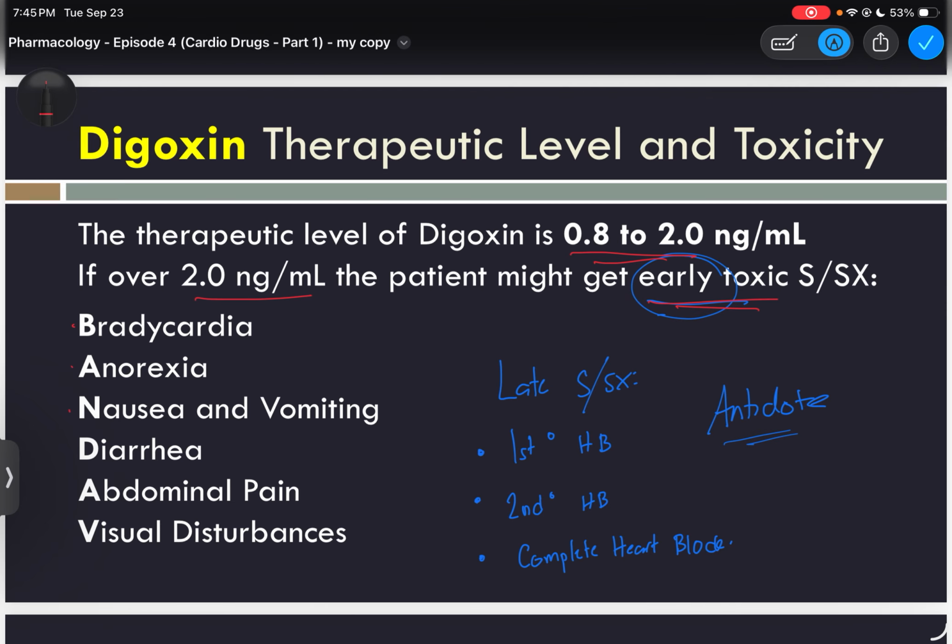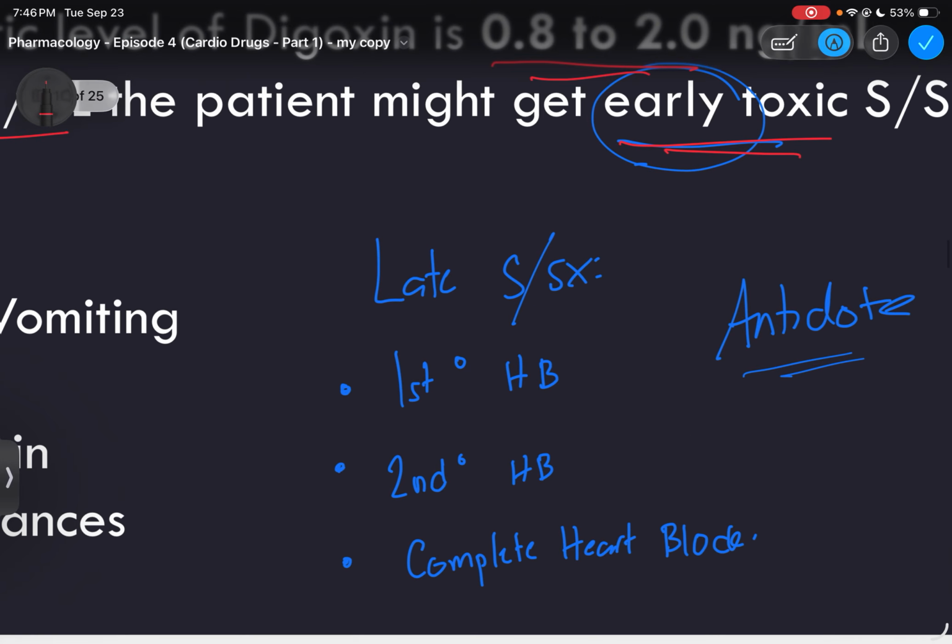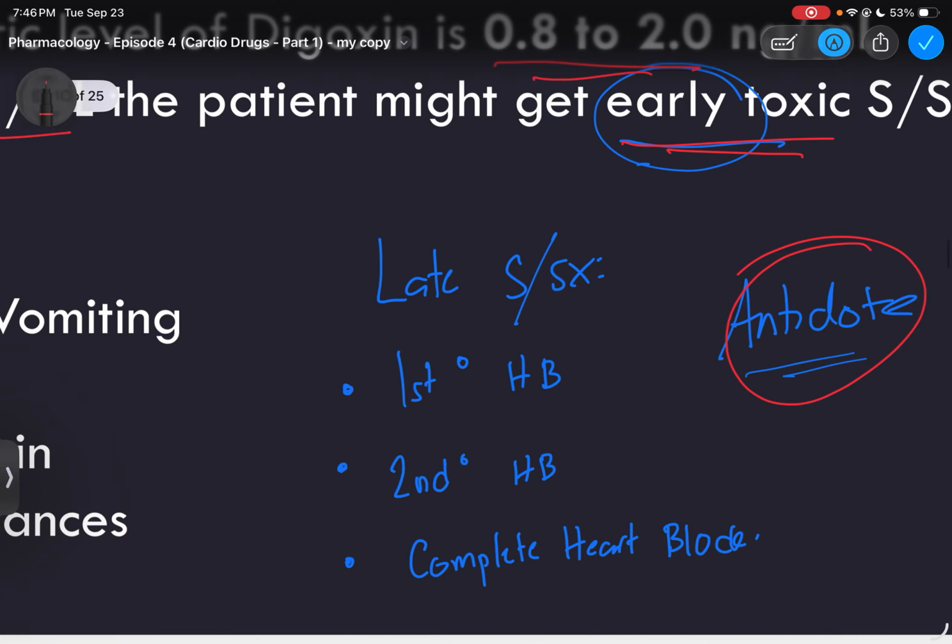Now, since this is toxicity class, no, you have two choices. No, number one, you can tell the doctor, no, and then I'll stop the medication and then tell the doctor. Or, in the case of digoxin, the thing you need to do is you need to give them their antidote. Now, what is an antidote, class?